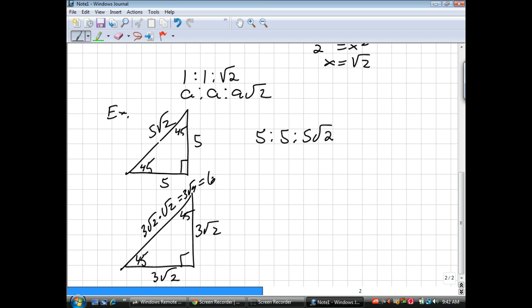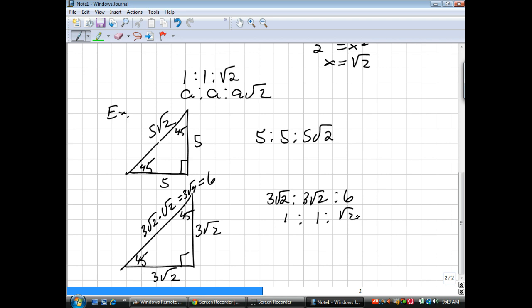So the hypotenuse has length 6. The sides are in a ratio of 3 square root 2 to 3 square root 2 to 6, which if we reduce that down is again 1 to 1 to square root 2. They always reduce down to the same.